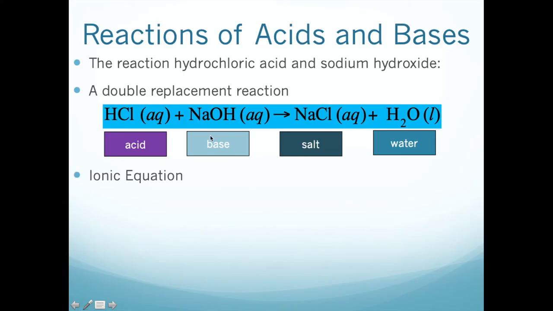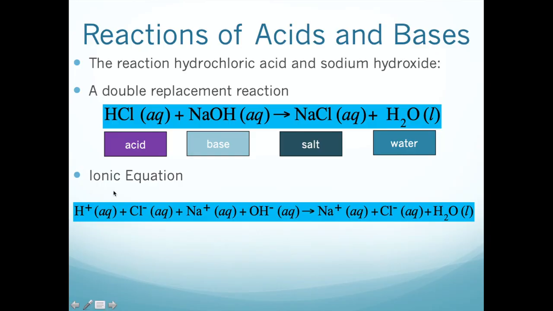So if we want to see this acting as a double replacement reaction, it might help to see this as an ionic and a net ionic equation. If we turn this into an ionic equation, anything that is aqueous gets split up into its ions. Very conveniently, all of these ions have a plus or minus 1 charge. So HCl splits up into H plus and Cl minus.